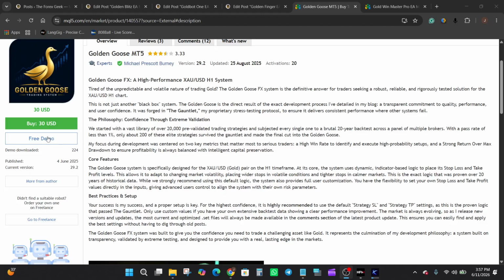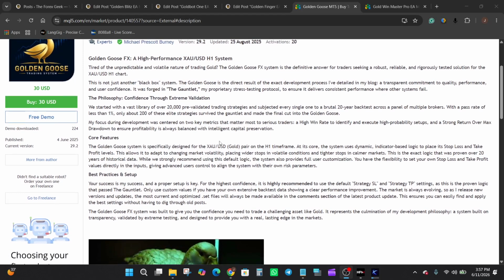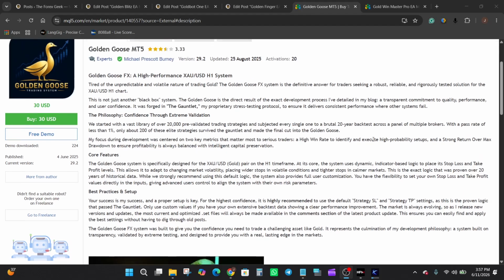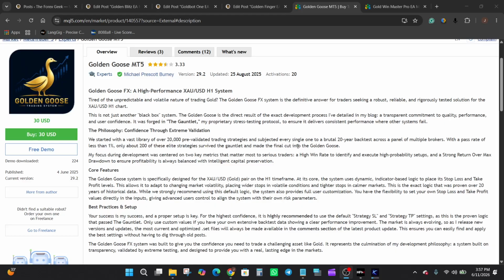The price is listed at $30, which already places it in the lower cost category compared to many systems on the marketplace. Now, one important thing I want to point out early is that the marketplace page does not clearly specify if this particular Golden Goose has an MT4 version.